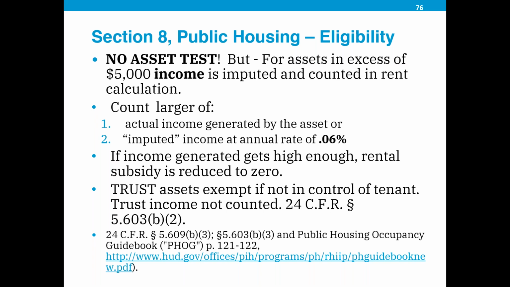It used to be much higher, and when interest rates dropped, they finally lowered the amount. And all the sites are here and in our manual. So you'd have to have a lot of money for 0.06% of the excess over 5,000 to affect your rent. So that's basically the answer. It's really very, very little. Even if it raises your rent $1 or $2, that would still be based on a very high amount of assets.